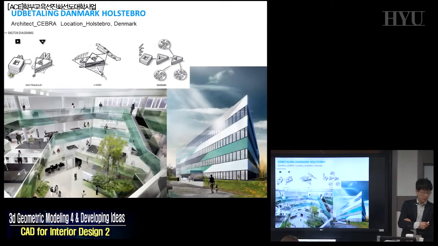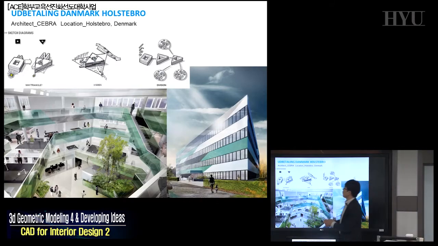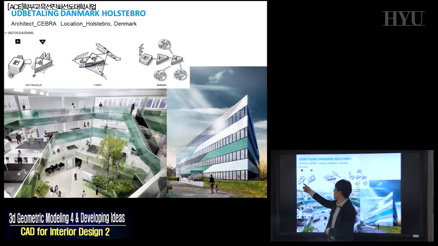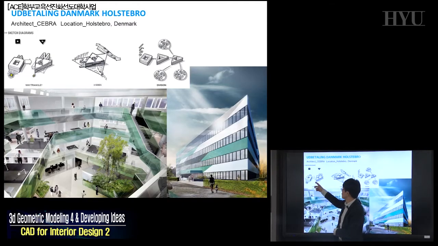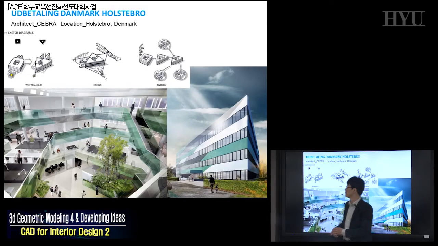Okay, the next one, the last one. Also, this one looks like a typical box-shaped building, but actually it's a triangular shape mass. It's the same as the one that I showed you before. Originally it was a very typical rectangle shape. But we can rotate the exterior geometry, not the interior.